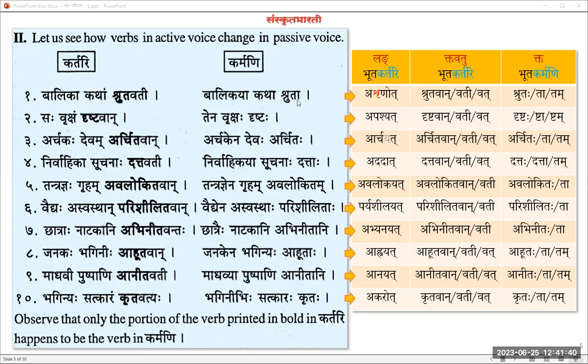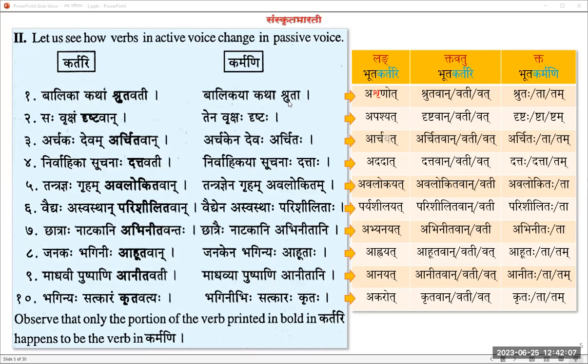We cannot assume Strilinga pada, we cannot assume Pullinga pada, we should assume Napumsaka because we don't know about the karma. Since I don't know about the karma, the best bet is like bhave, but this is actually karmani because Shru can take the karma pada. So it is a sakarmaka dhatu placed in Napumsaka Ekavachana like bhave because of the lack of knowledge in us about the karma pada.